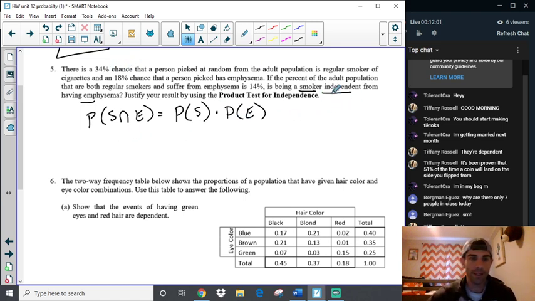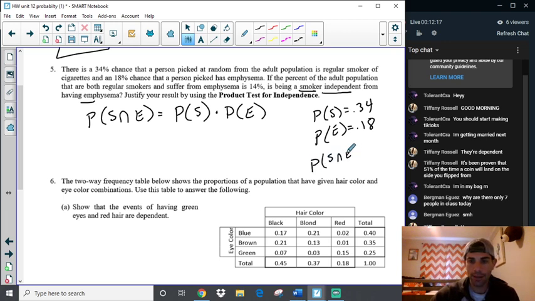So if we go back to here, 34% chance that a person's a smoker. Remember, convert that to a decimal, divide it by 100. And then emphysema had 0.18. And then they told me that smokers and emphysema, there was a 14% chance.